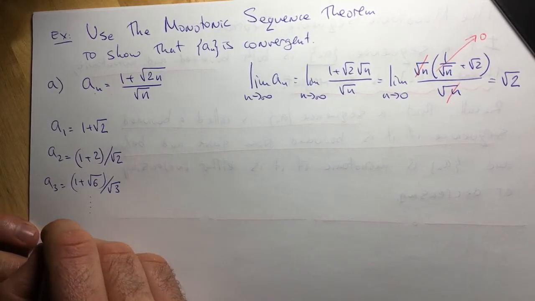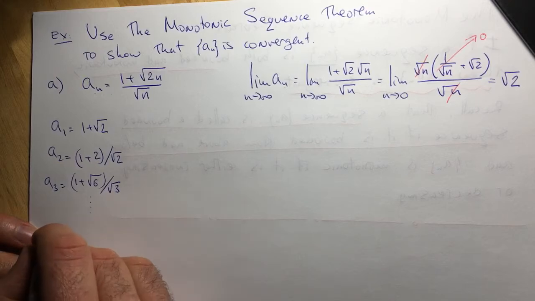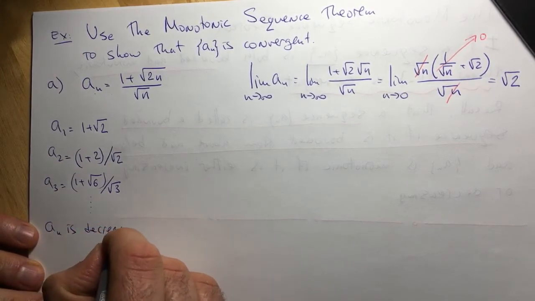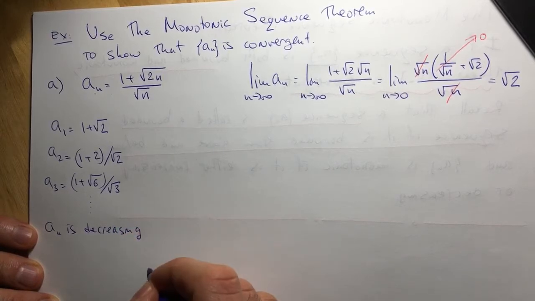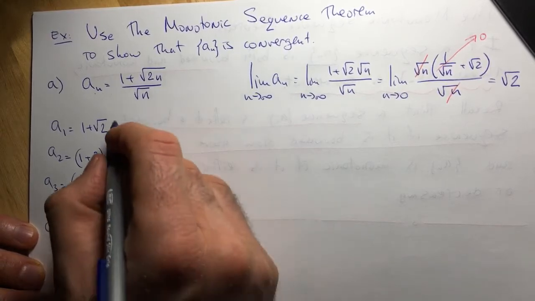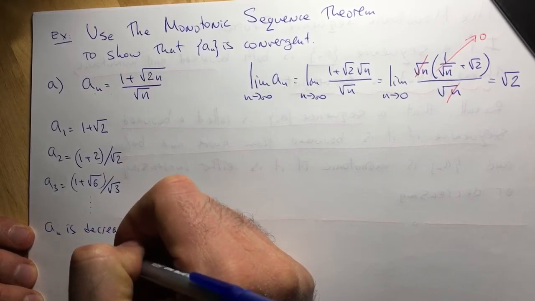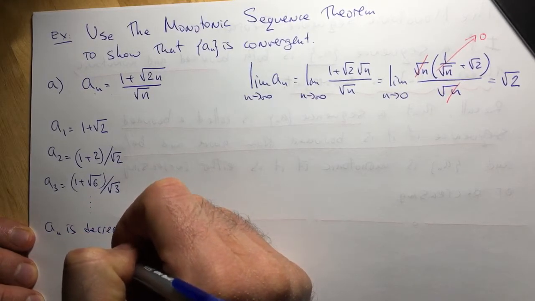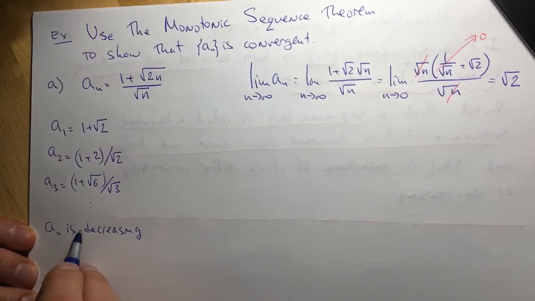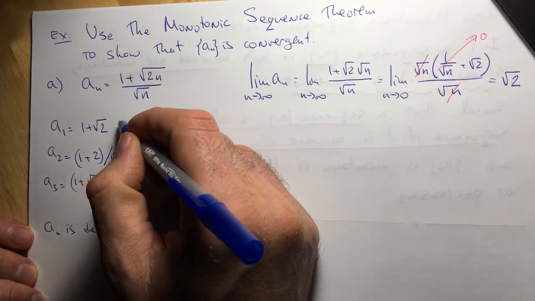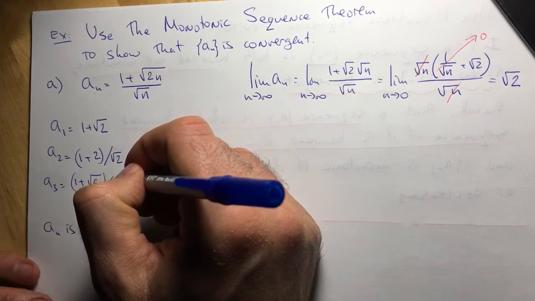So what do we know here? I have a feeling that AN is decreasing. If you have a calculator here and evaluate this, you'll see that these values are going to decrease. But having this feeling for a few terms is not enough.